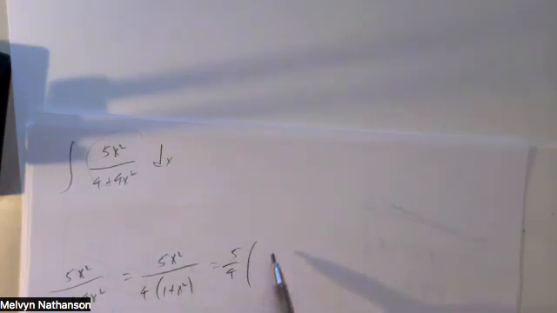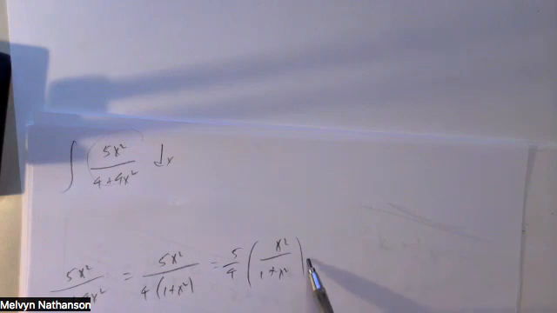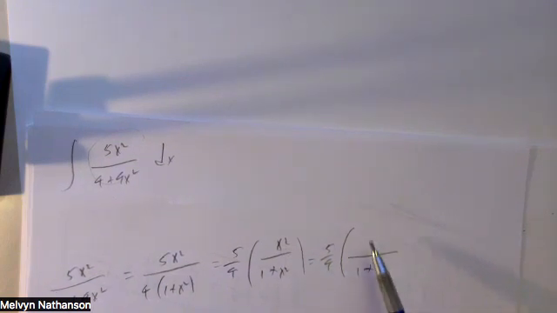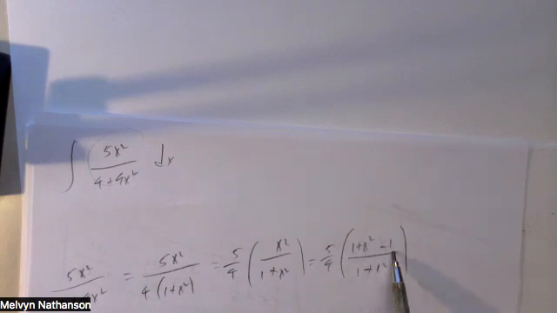So that's 5/4 times x squared over 1 plus x squared. That doesn't help me too much. So I'm desperate. I'll try something. I'll invent something. X squared over 1 plus x squared. If I made this 1 plus x squared minus 1, I've just added 0, 1 minus 1, so that's okay.